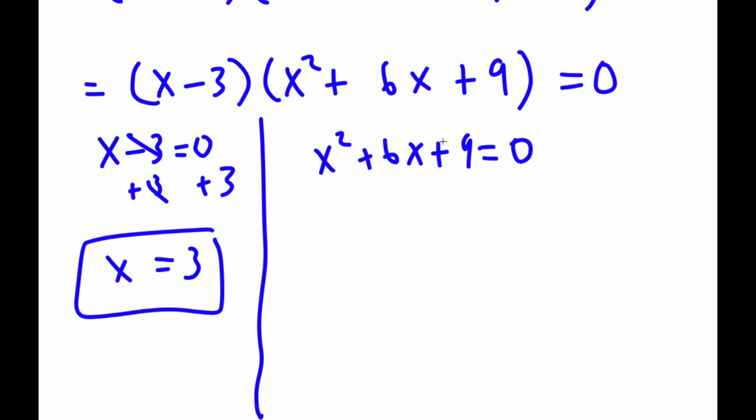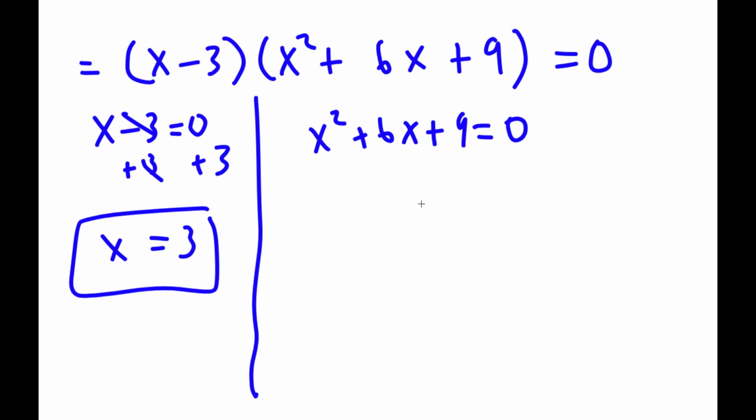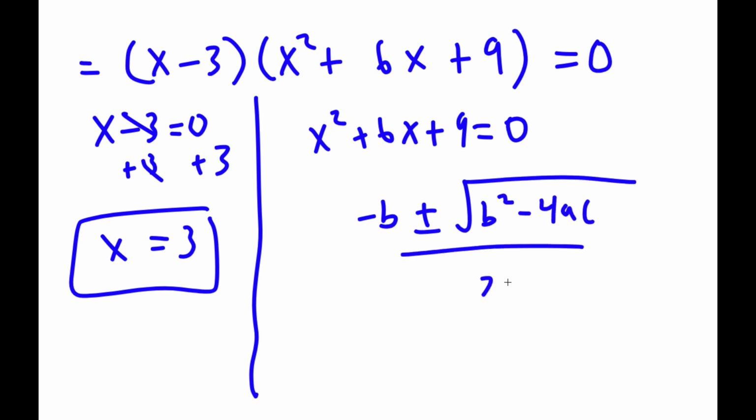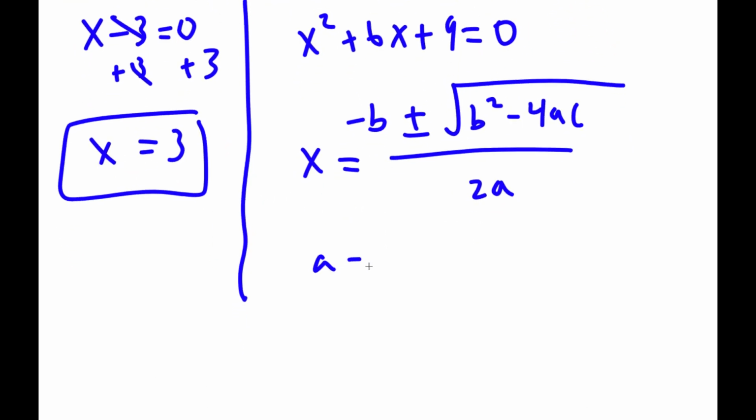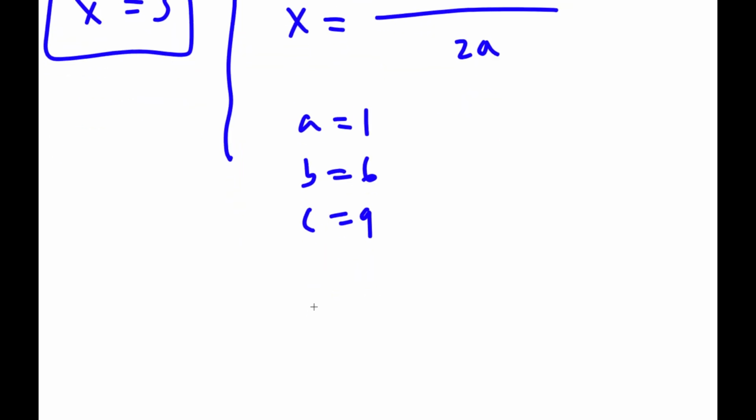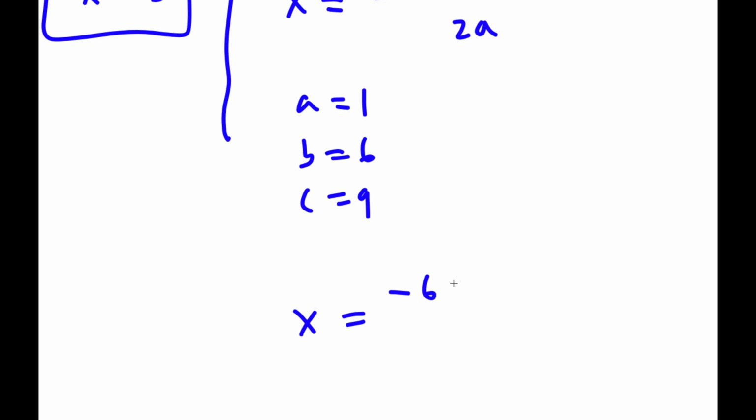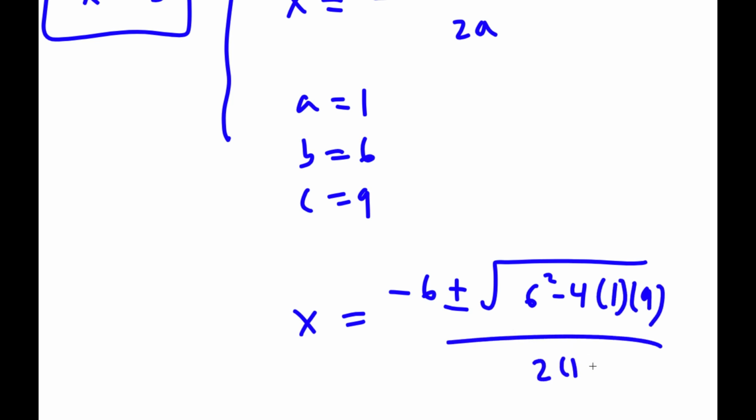Now for the quadratic, I actually have to use the quadratic formula to solve this. So the quadratic formula is negative b plus or minus the square root of b squared minus 4ac all over 2a. So in this case, a is equal to 1, b is equal to 6, and c is equal to 9. So now I have x is equal to negative 6 plus or minus the square root of 6 squared minus 4 times 1 times 9, all over 2.